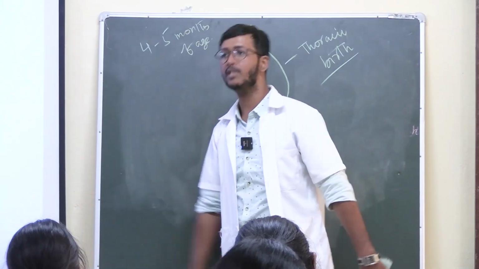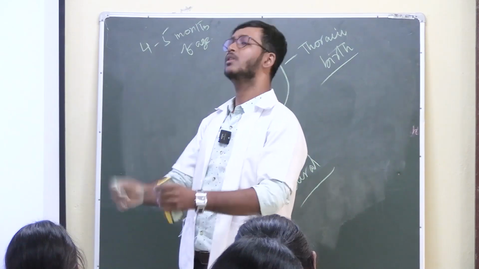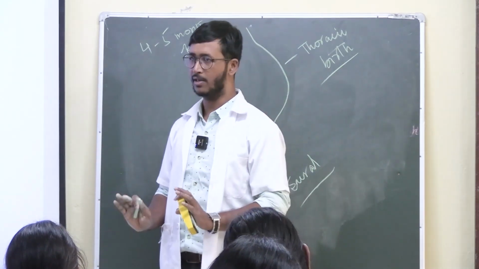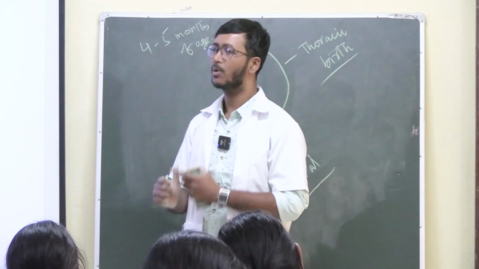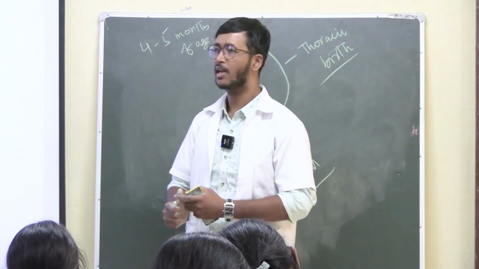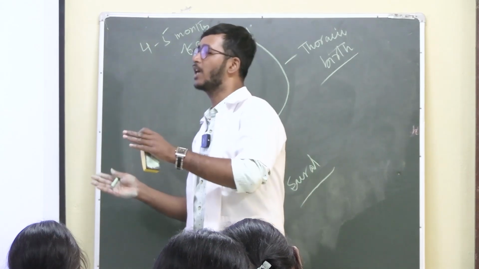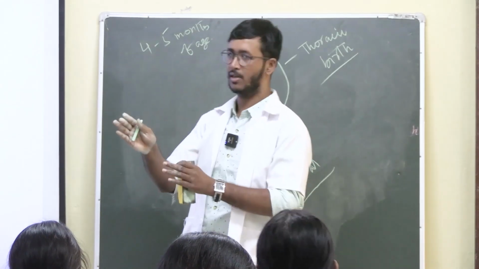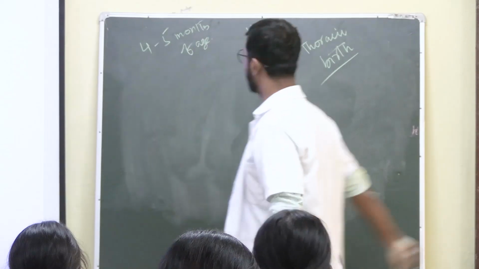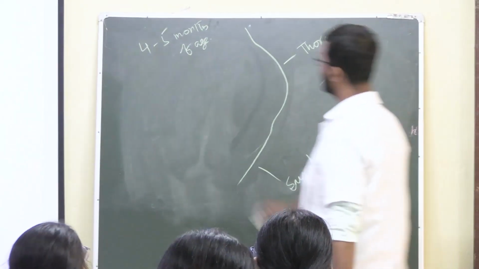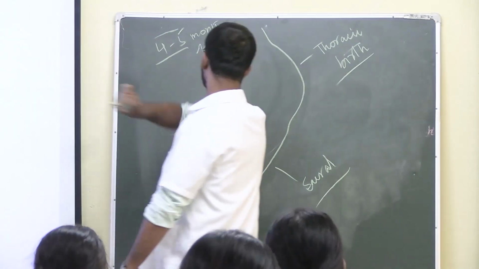What does holding the neck mean? When a baby is born, they keep lying on their bed. The first step is when the baby starts to hold their neck and tries to sit up from the lying down position. That is holding the neck. This happens during 4 to 5 months of age.